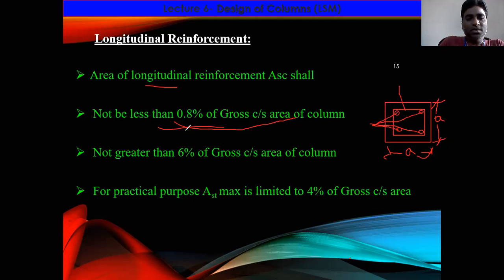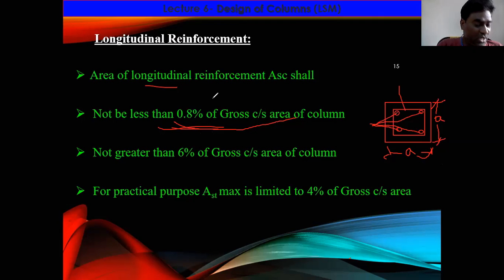So the minimum longitudinal reinforcement should not be less than 0.8% of A square, right? And the maximum reinforcement, these criteria and guidelines are given in IS 456:2000 clause number 26.5.3.